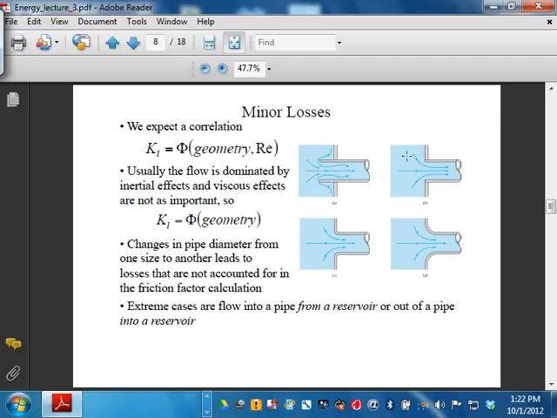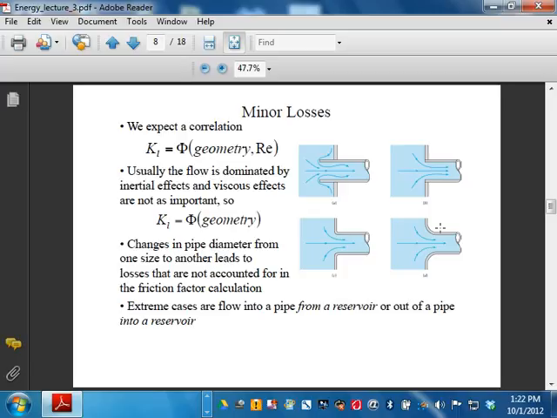Here it's still very abrupt, but at least it's flanged to the wall. Here there's at least some curvature, and here even more curvature. So the entry losses are different in each case. Losses are again due to flow friction, flow turbulence, and so on, when the flow has to accelerate from the tank into the pipe.